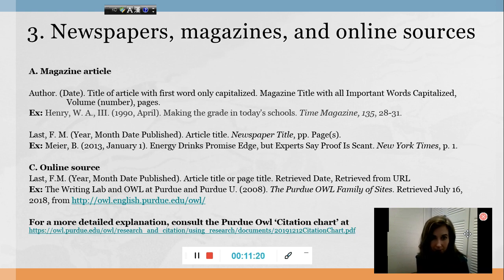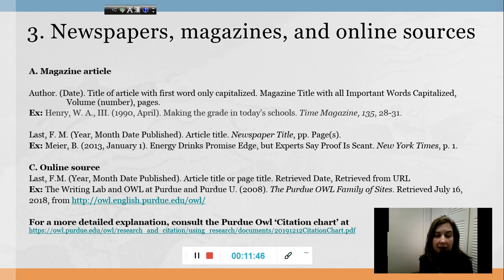Volume, number, and pages. So you can see an example here. We have this person's family name is Henry, and his first initials are W. A., and he's the third. So if you're the third in your family with the same name you got from your dad, your grandfather, you would be the third.